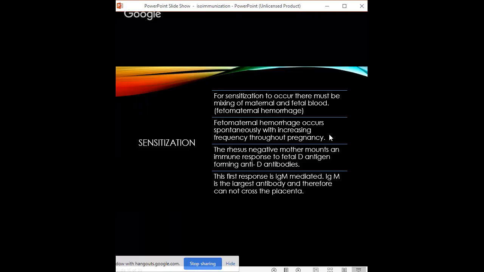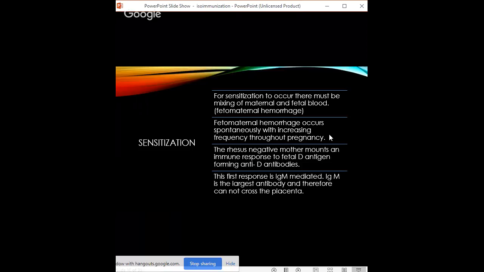And this is important because in isoimmunization the fetus is not affected in the first pregnancy, where you have this sensitization going on. This is because the first immune response is with IgM molecules, which are too large to cross the placenta.